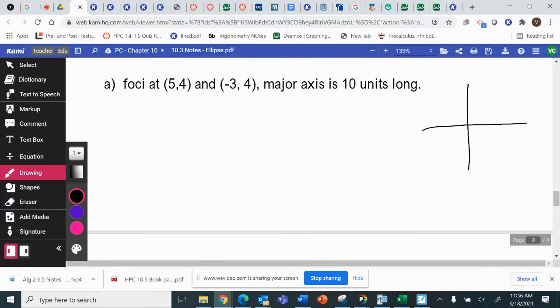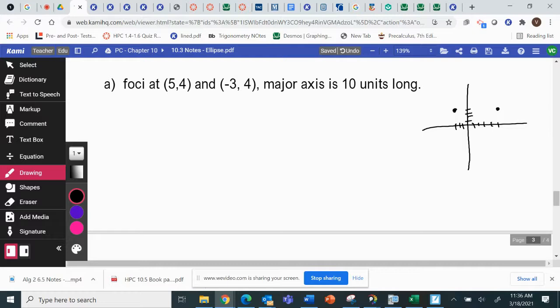If I have foci at (5, 4) and (-3, 4), what is that going to help me find? Or maybe I should word it in a different way.